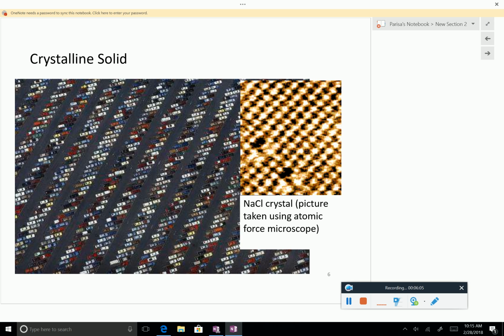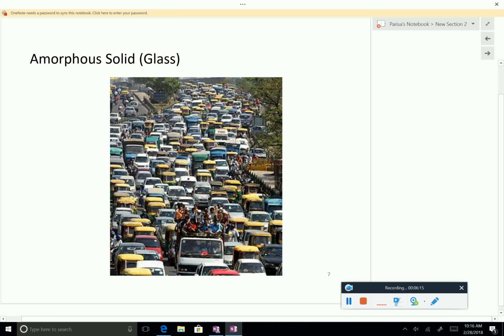This is a real picture using an atomic force microscope. It looks just like a parking lot. And if you compare it to a non-crystalline solid, you go from a nicely packed parking lot to something a little bit more chaotic.